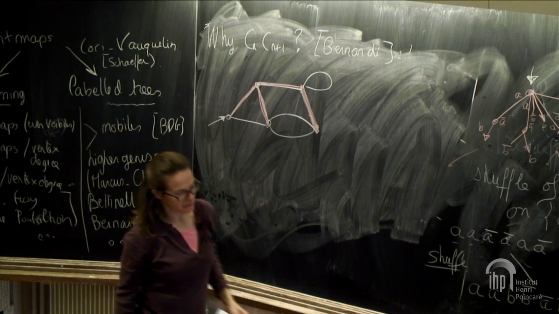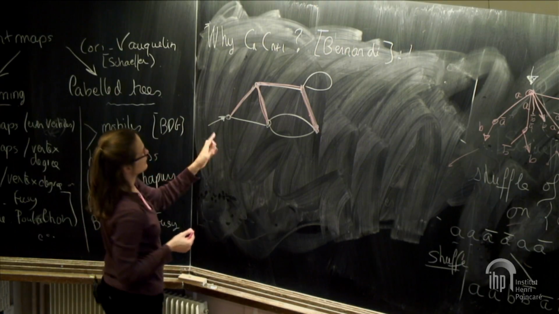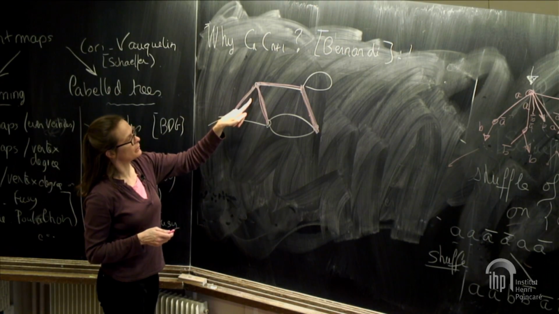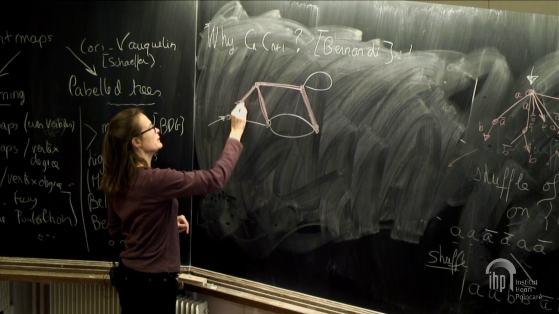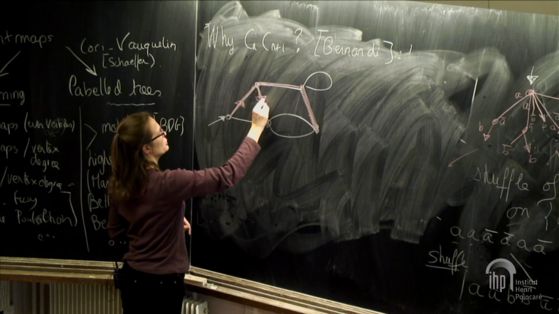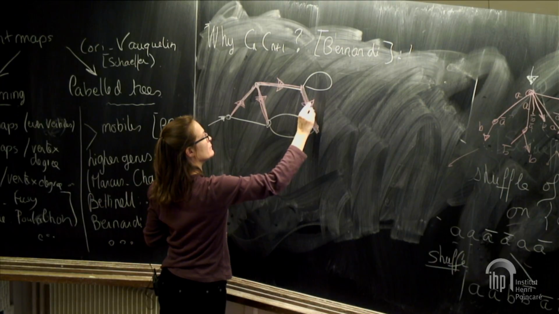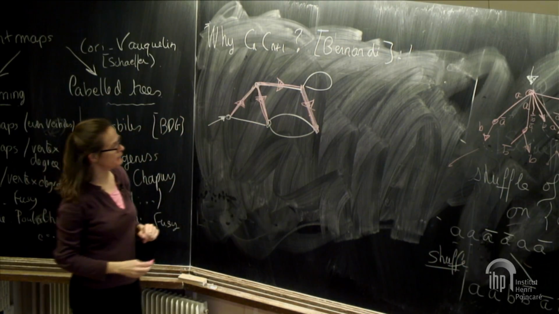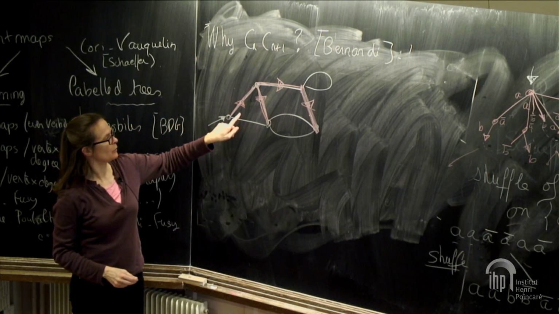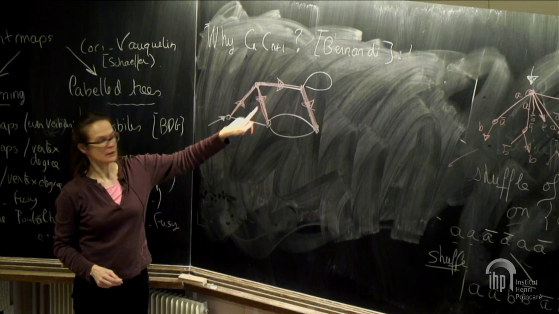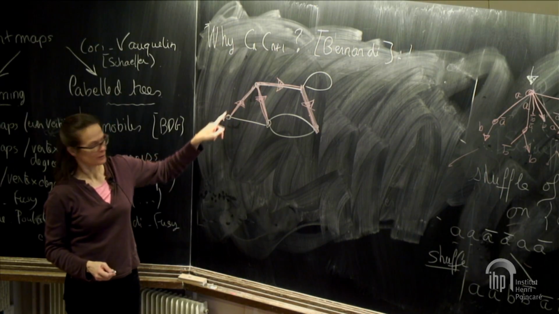So the first thing I'll do is that I will orient every edge in the following way. The edges of the tree are oriented away from the root, so I go down in the tree. And then the other ones, when I walk around the tree, I want to meet them somehow in the wrong direction.